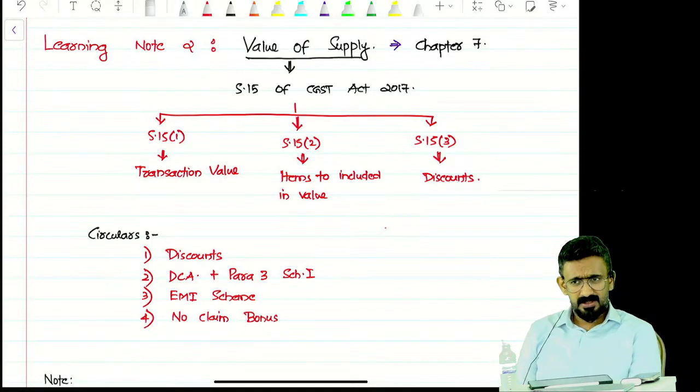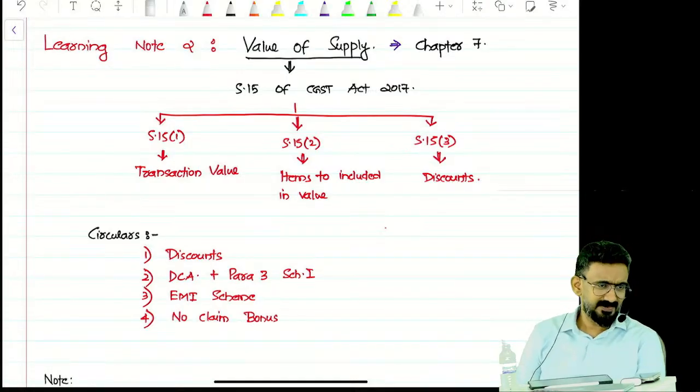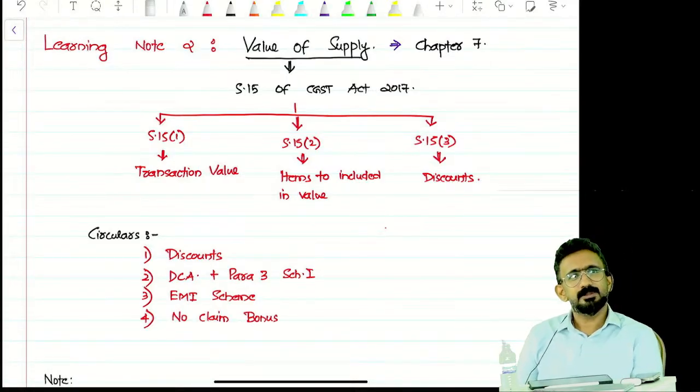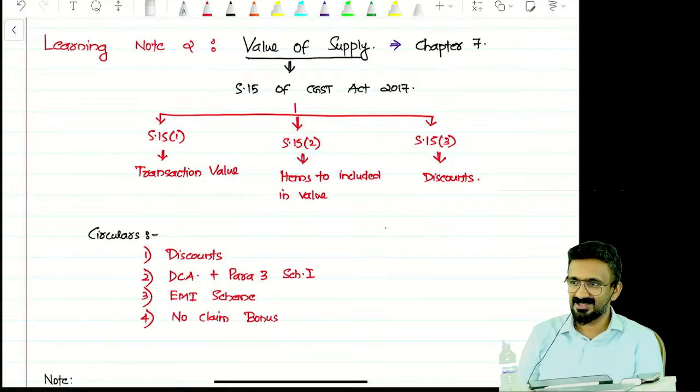I wanted to keep a target as well. Part of our chapter today.